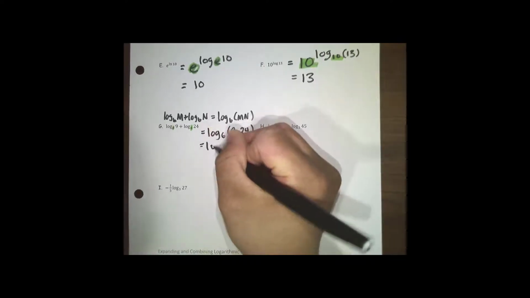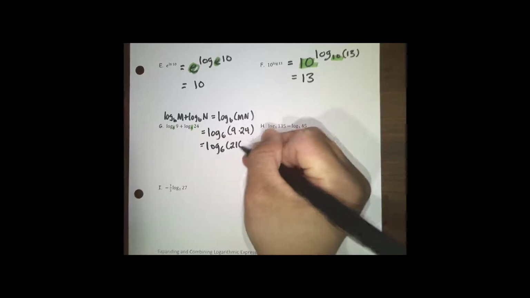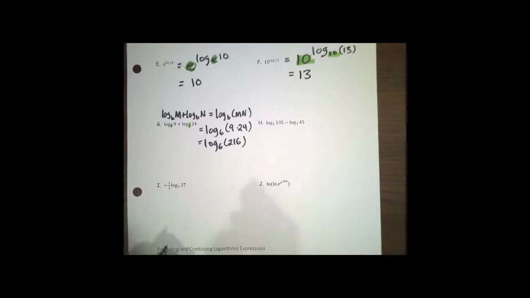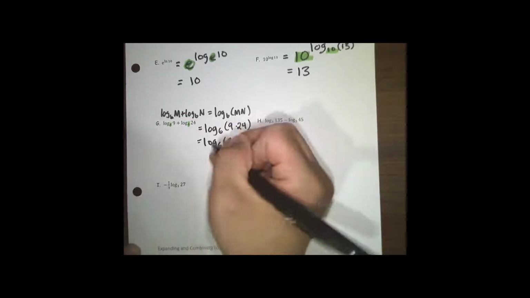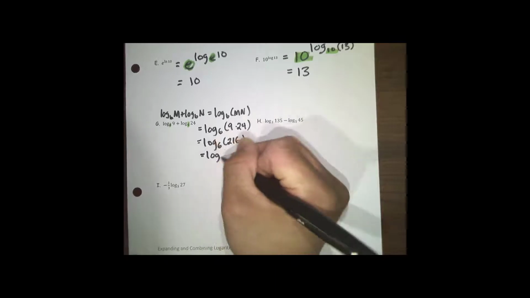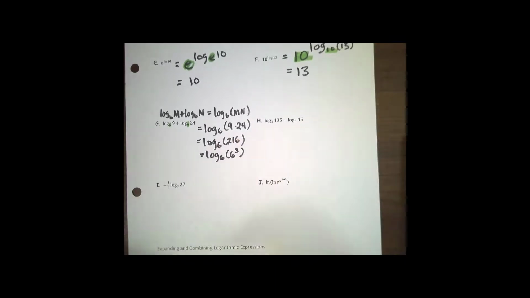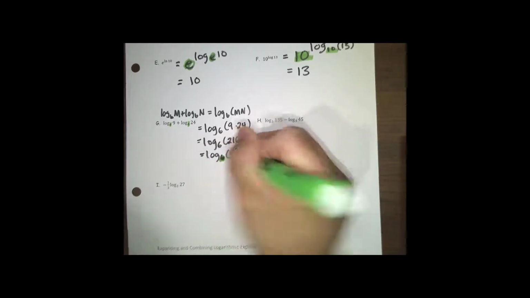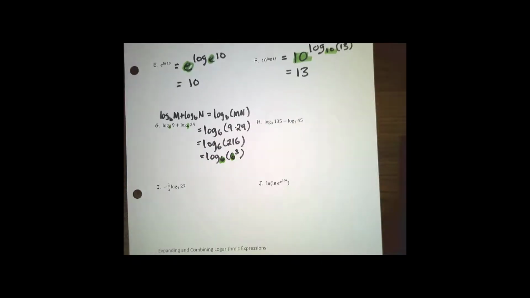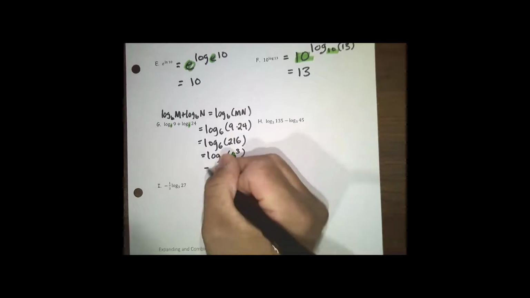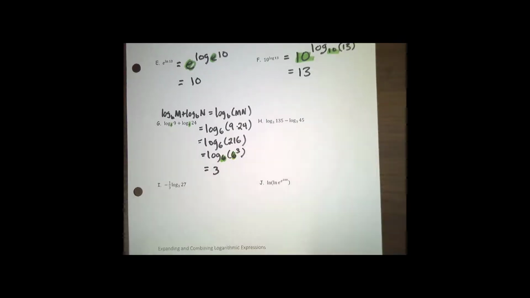So that's log base 6 of 216. And then 216 is actually 6 to the third power. So that's log base 6 of 6 to the third power. And now these bases are the same, so this is just equal to 3. All right, what a time to be alive.